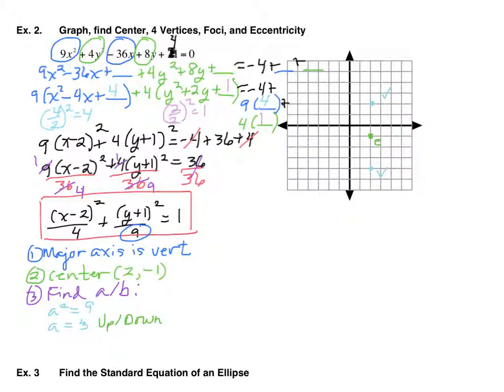Oh, it's a little hard to see up there, sorry. And then name those ordered pairs. What ordered pair is above? So we have 2, 2. And what ordered pair is below? 2, negative 4. So those are your 2 major axis vertices.